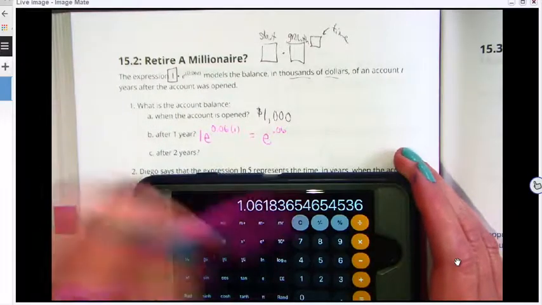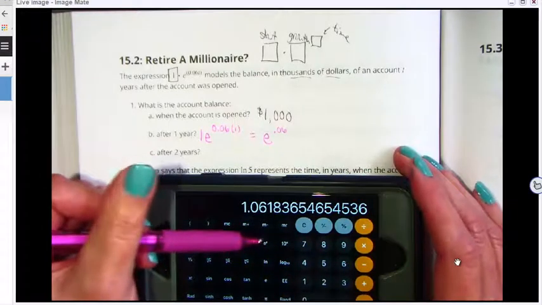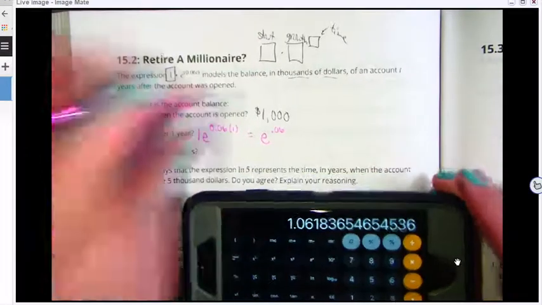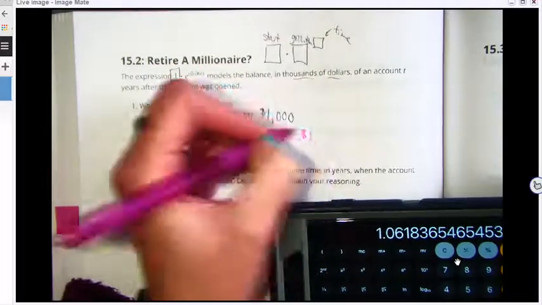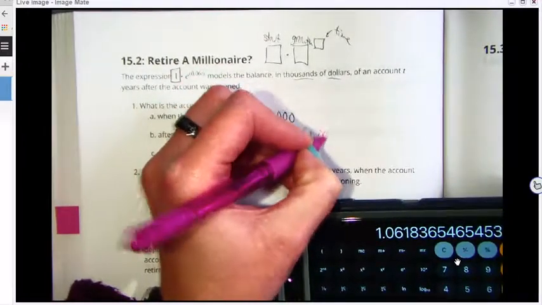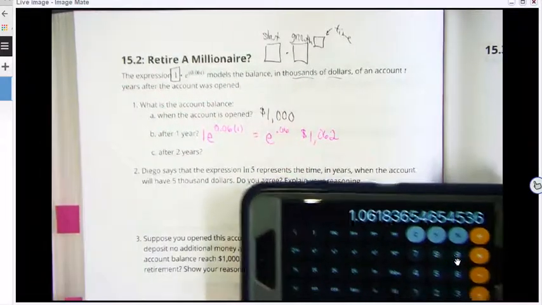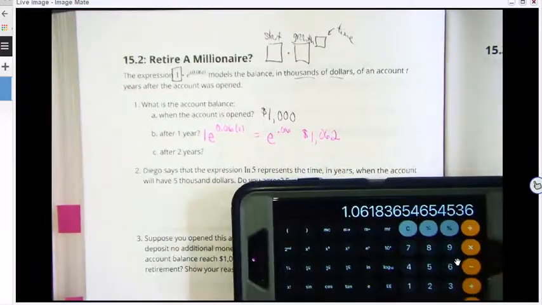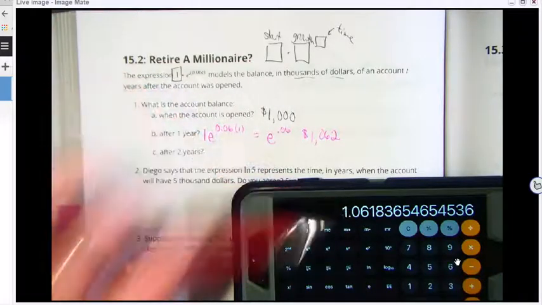So remember, here on your calculator, you do have to do the input first and then say, hey, I want to use that x as an exponent. So after 1 year, we would have $1,062 if I was rounding to the nearest dollar. Again, it's in thousands of dollars, so I know I have just a little over $1,000 here.